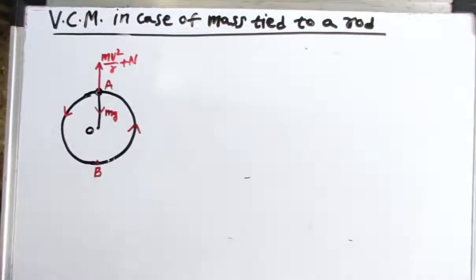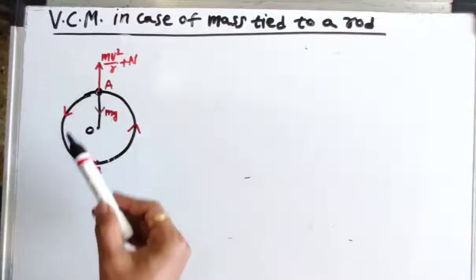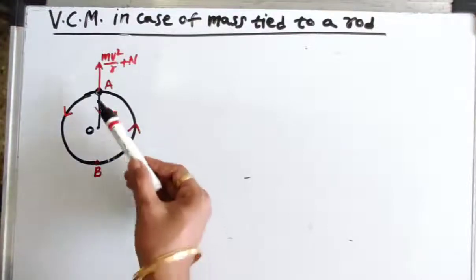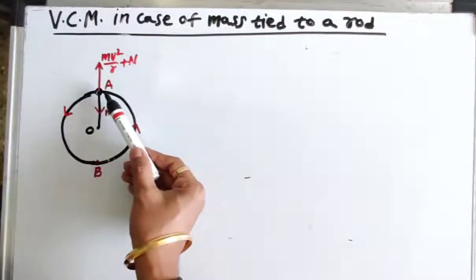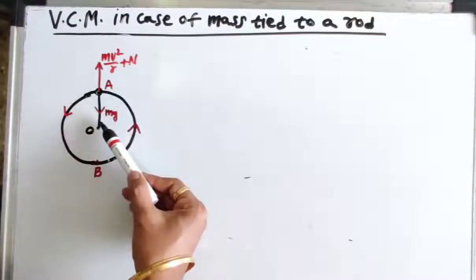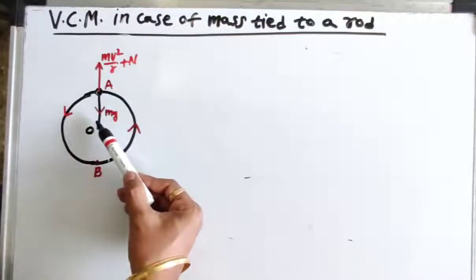In this diagram, we can see an object of mass m attached to a rod and performing vertical circular motion. At the highest position, that is at point A, the weight of the object, mg, is acting on the rod in the downward direction.